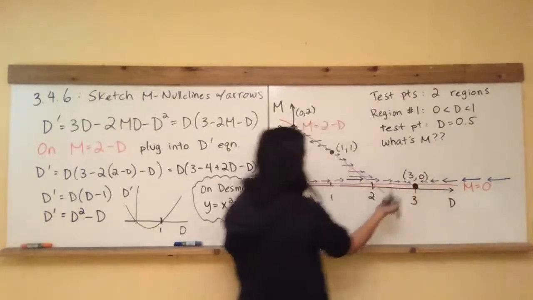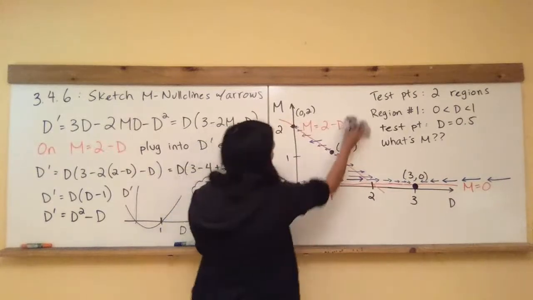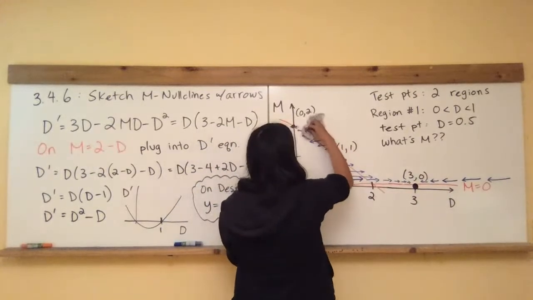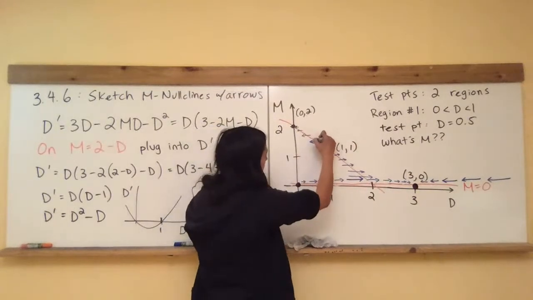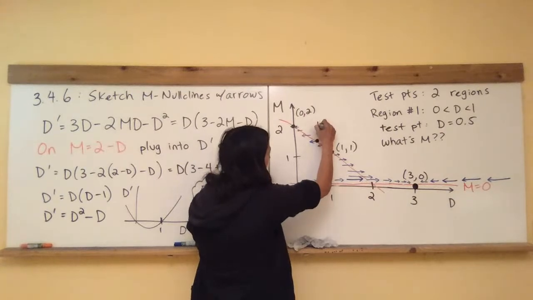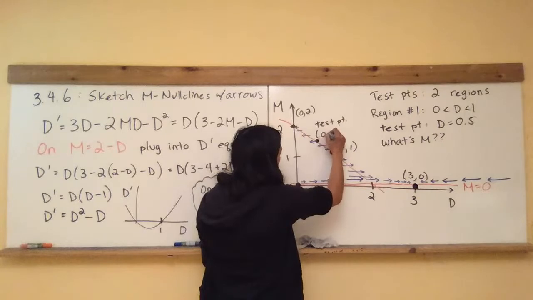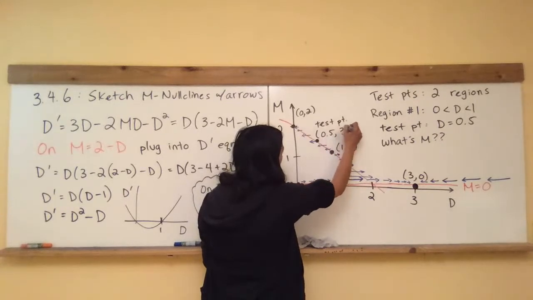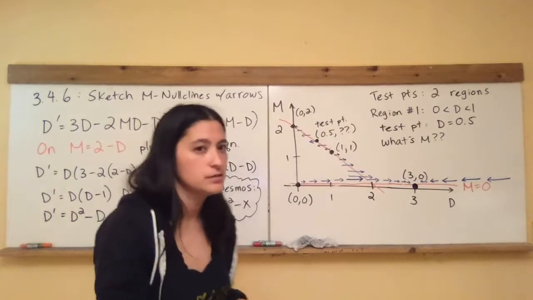Because I need to know, like, my test point is right here. It's along the line M is equal to 2 minus D, but if you're going to pick this point right here to test, point D is equal to 0.5, how are you supposed to figure out what M is?